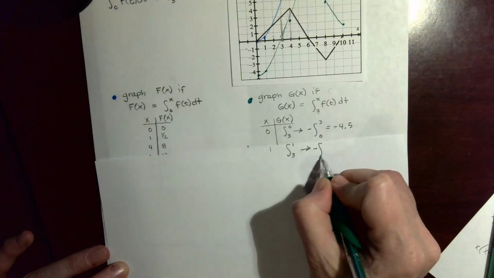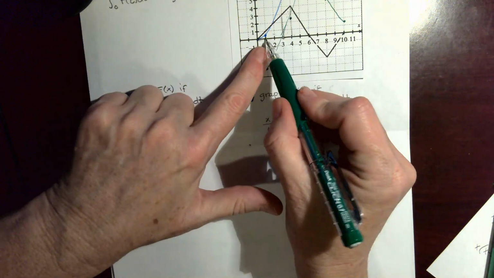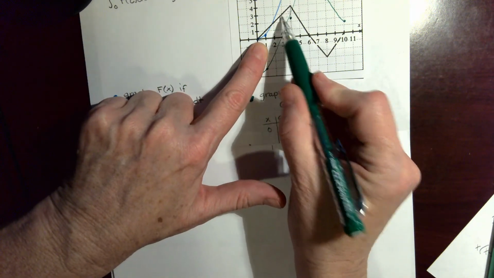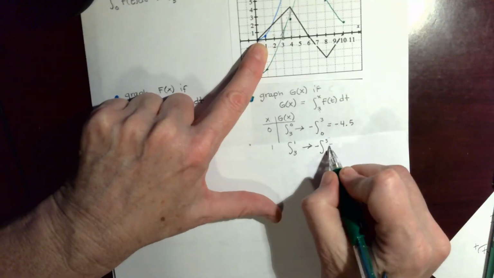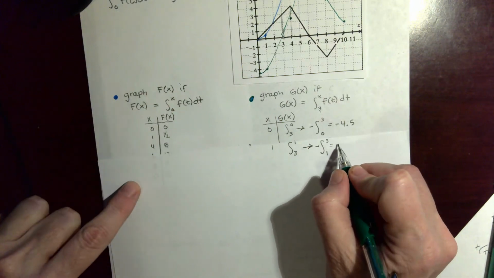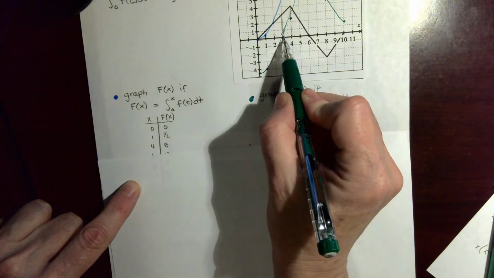So we're going to have to go from 1 to 3, and then take the opposite of that. Okay, so from 1 to 3, right in there, this little trapezoid. And I already figured out that area, 4.5. Excuse me, 0.5. Let me say this better.